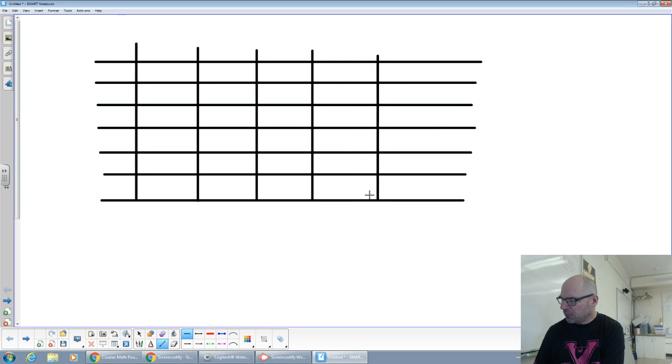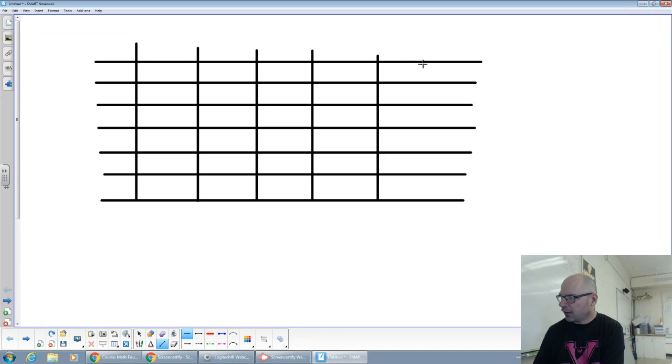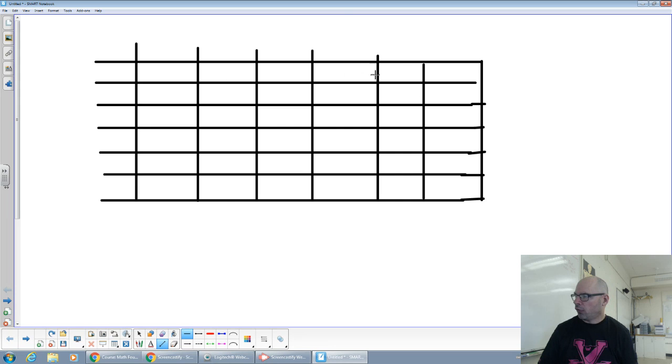Okay, so this will be a reference. So this is 6 by 6. So this is all the possible rolls that you can get on a six-sided die.